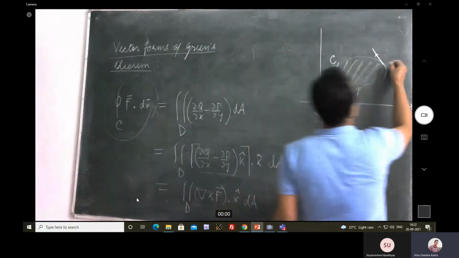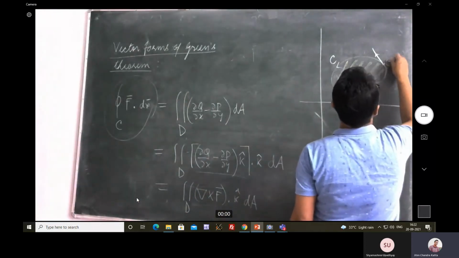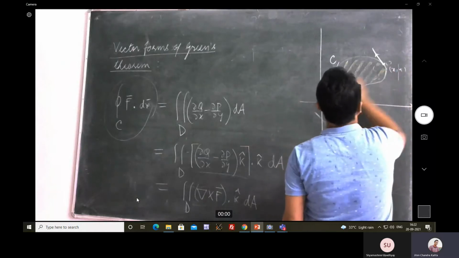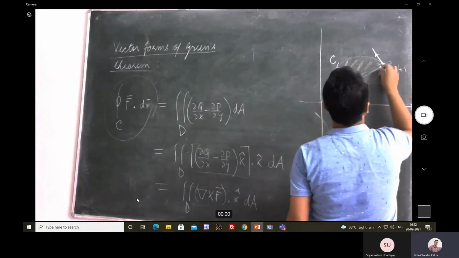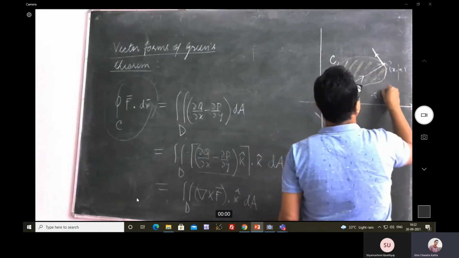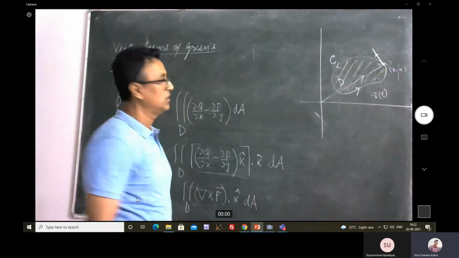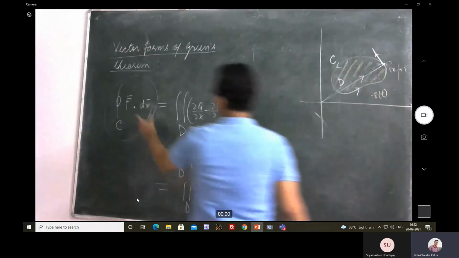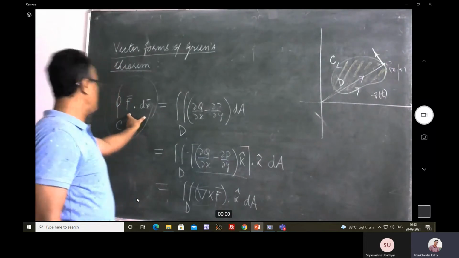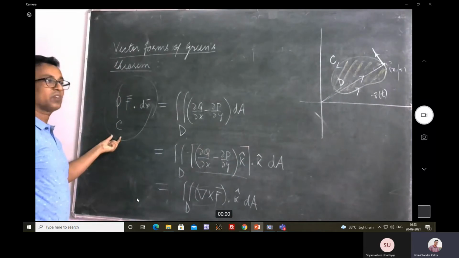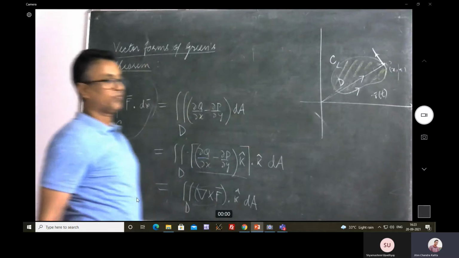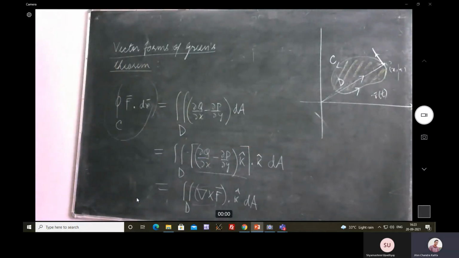If this point is say (x, y), and I describe this curve C through a parameterization, then you know that this is related to evaluating this line integral along the tangential direction of this curve. Is it okay? Fine?